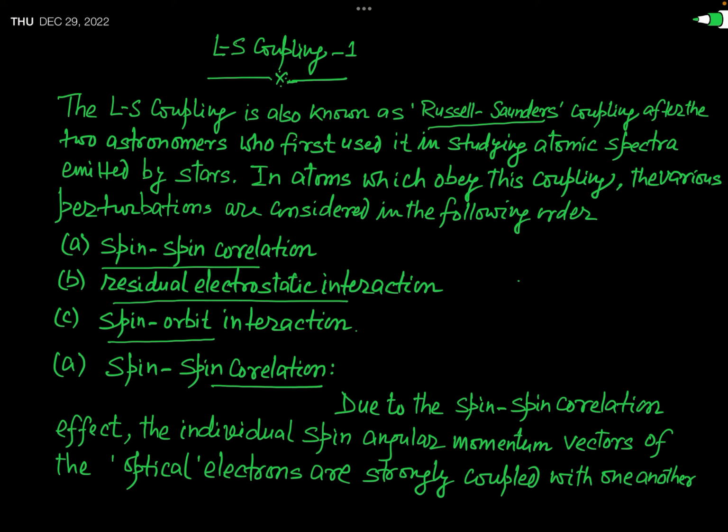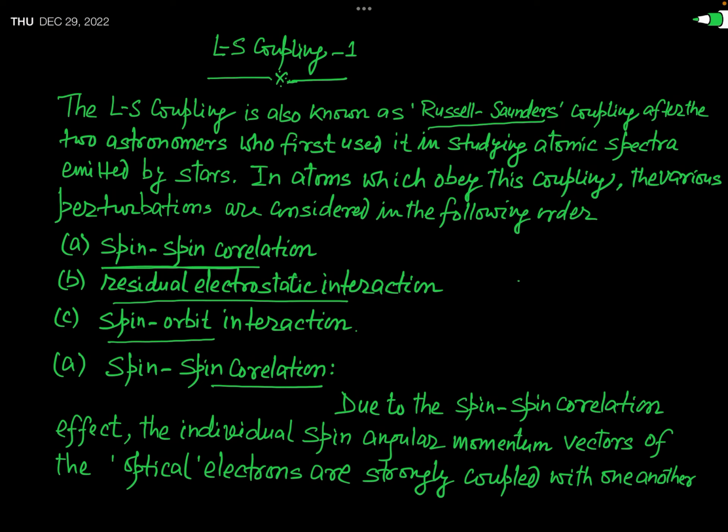When you say spin correlation, that means the spin angular momenta of different electrons, or different optical electrons of the same atom, will get added, and then we will get the total spin angular momentum of the atom.